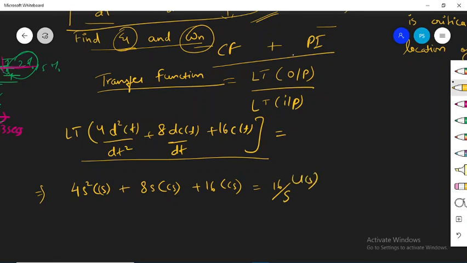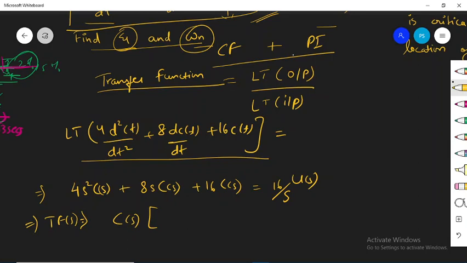Now from here you can find out what is the transfer function. Transfer function is Laplace of output divided by Laplace of input. So if you take the Laplace of output by Laplace of input, C(s) by U(s), then you can just take C(s) terms common.